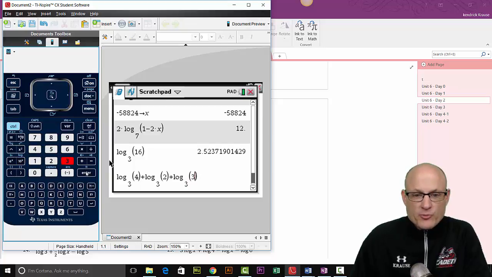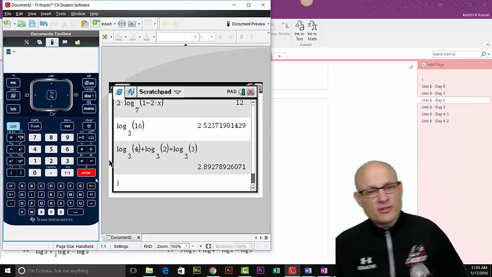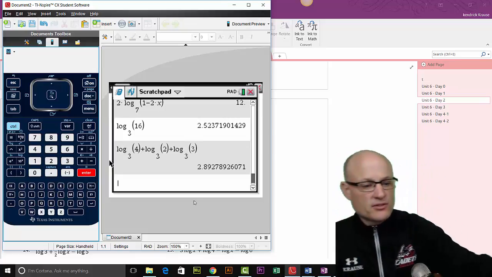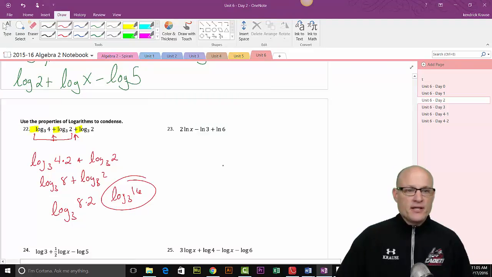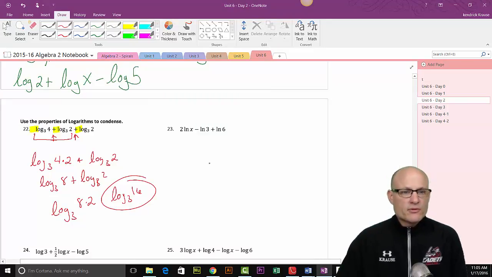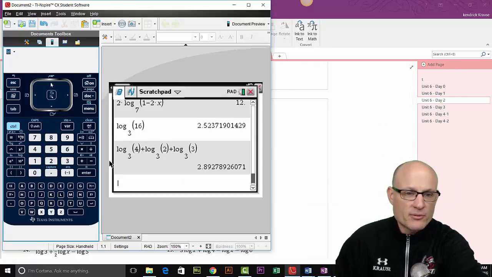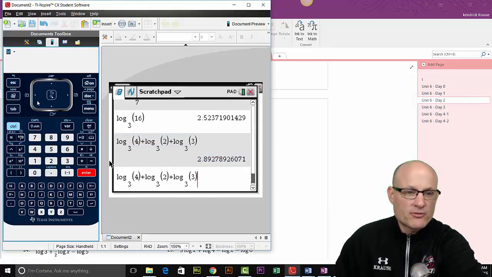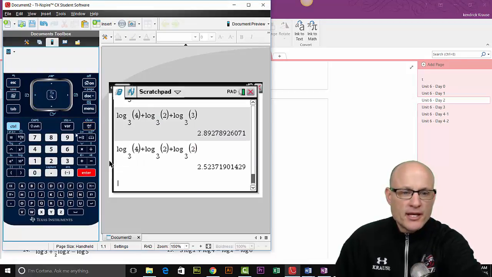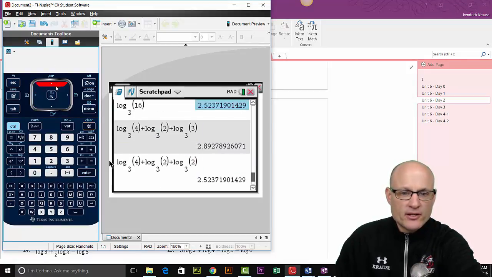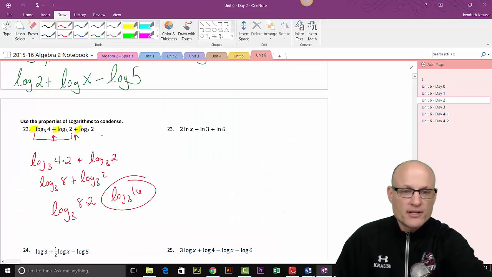And hopefully end up with that 2.5 thing. Oh, man, I screwed something up. So let's see if my multiplying is not right. 8 times 2 times 3. Oh, they're both 2's. I said the last one was a 3, but they're both 2's. Sorry. This last one should be a 2. Whew. And there's the 2.5237. So they're equal. I just screwed that up.